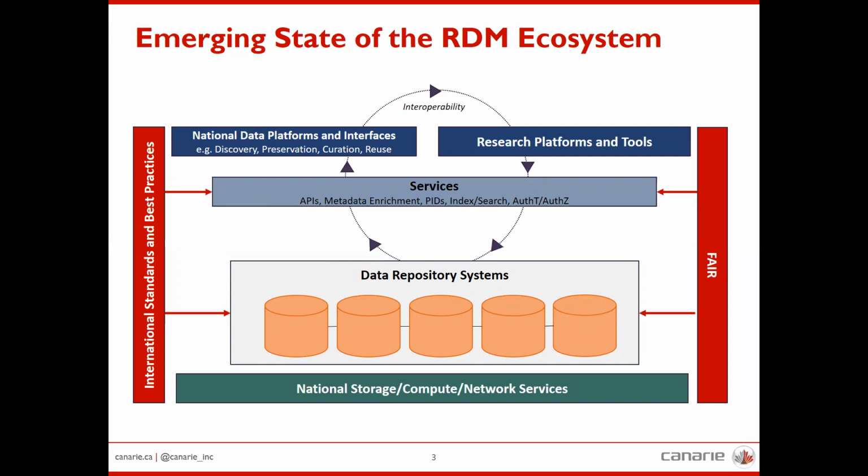The last few years has seen the emergence of the FAIR principles, which stands for Findable, Accessible, Interoperable, and Reusable. And the FAIR principles have gone a long way to helping to define more consistent and standard approaches to not just the infrastructure that services researchers, but also the way researchers handle their data all throughout the research lifecycle.